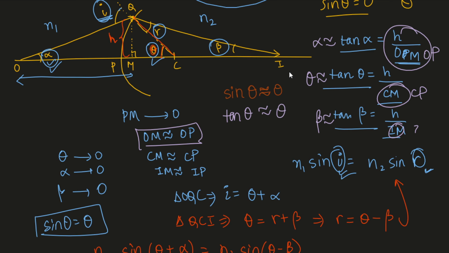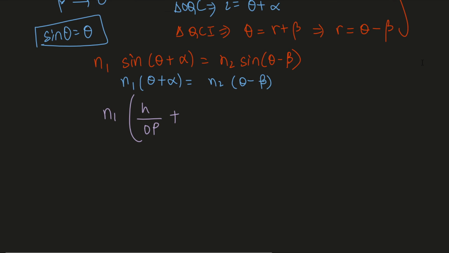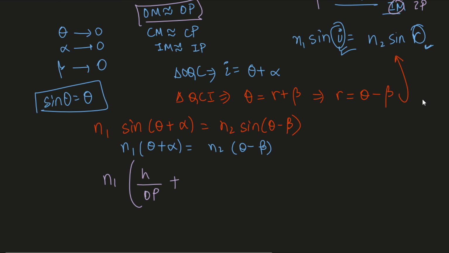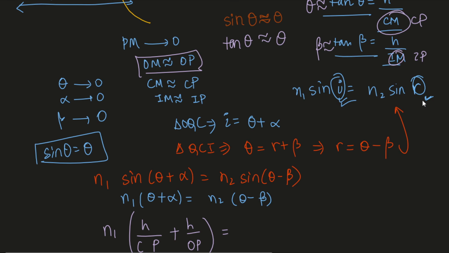So n1 times alpha is h over OP, and theta is h over CP, my bad. So n1 times h over OP plus h over CP, this is equal to n2 times, again, theta is h over CP minus beta, the angle beta is h over IP, h over the image distance.